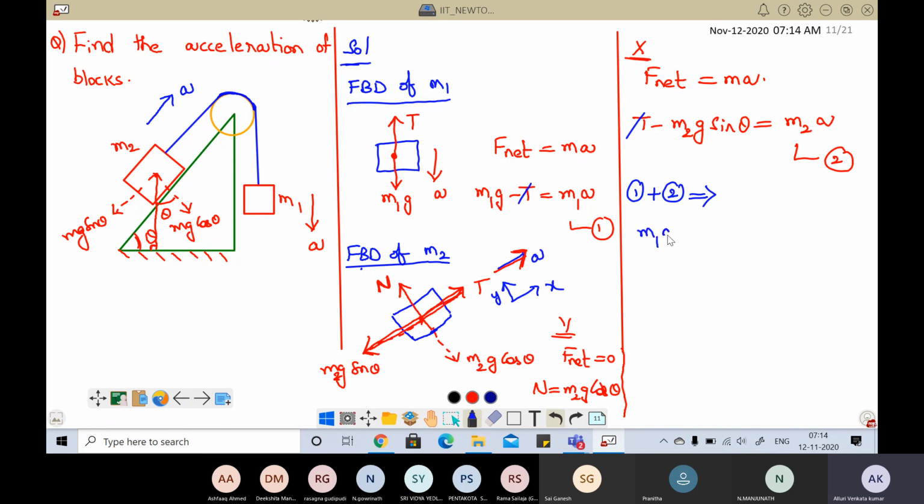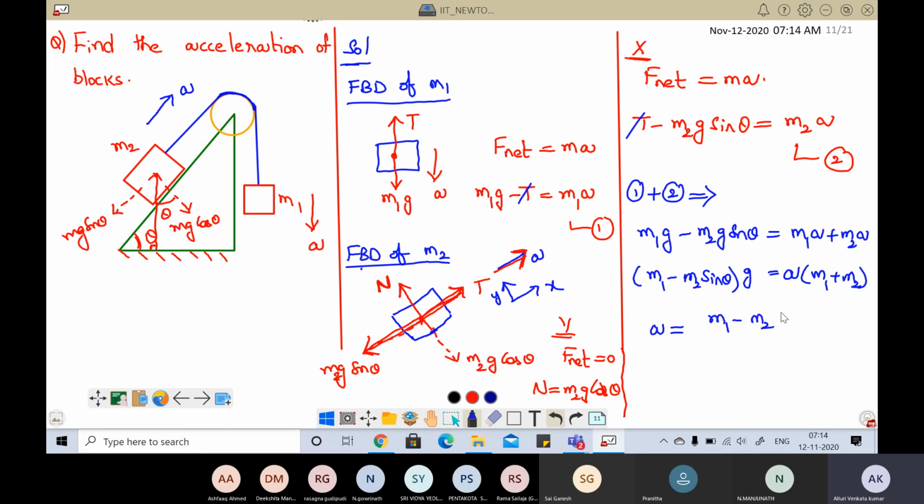So M1G minus M2G sin theta is equal to M1A plus M2A. Taking A common, M1 plus M2, and taking G common, M1 minus M2 sin theta. Therefore acceleration is equal to M1 minus M2 sin theta into G divided by M1 plus M2.